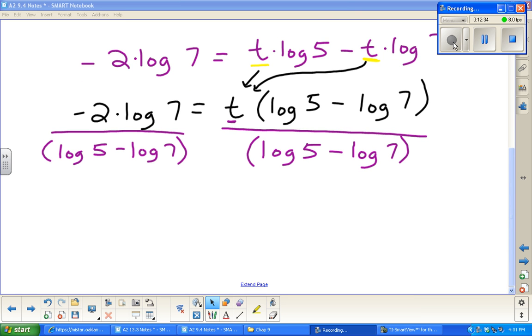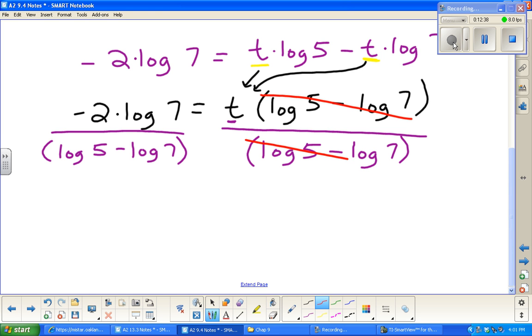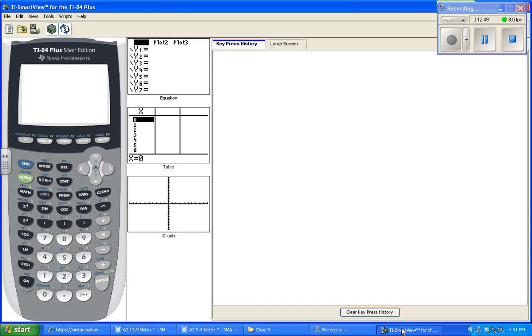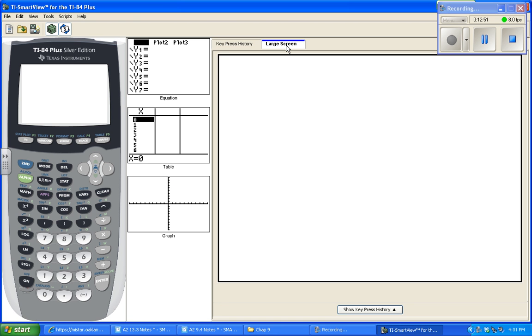So let's get this set up in the calculator here. This whole thing crossed out would give us t by itself. If we evaluate this carefully in the calculator, and use our parentheses appropriately, we should be able to handle that. So I want to do negative 2 times the log of 7. We've got to close this parenthesis up.